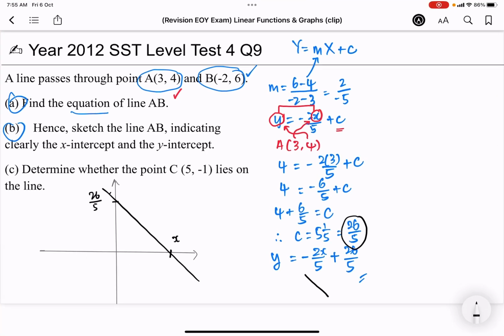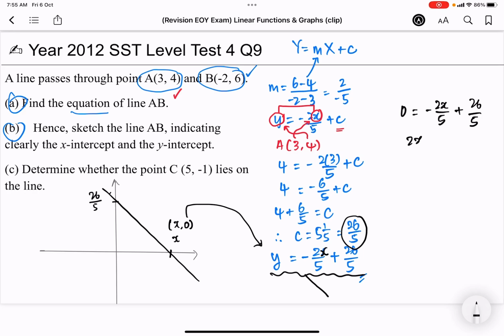Now, since we do not know the coordinates here, let it be (x, 0). Now, since we have this equation, which is here, we could substitute x value over here, which is same as this x here. And then for the y, we would have a 0 here. Now, we have 0 equals negative 2x out of 5 plus 26 out of 5.